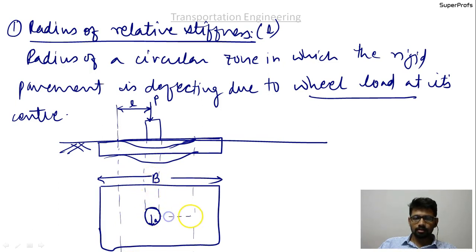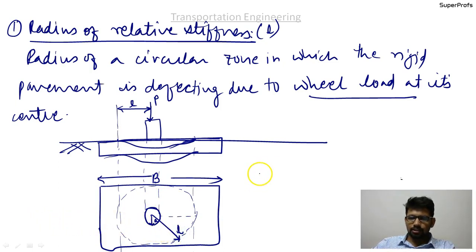So it is again a circle of this kind. I should have drawn a pavement with higher width. So this distance is L, the radius of relative stiffness.